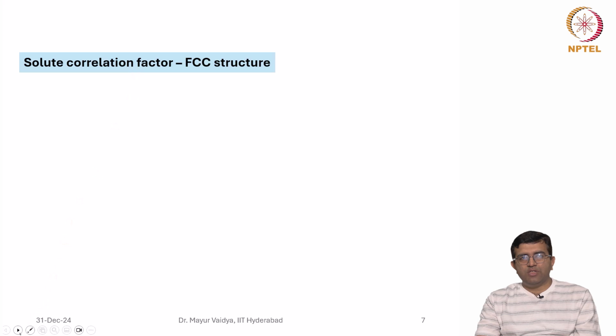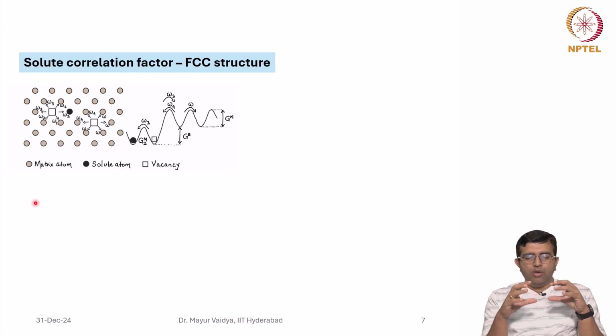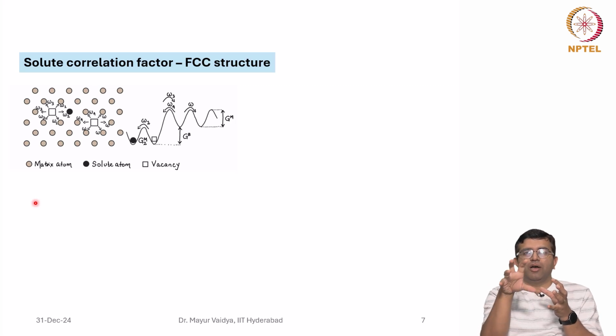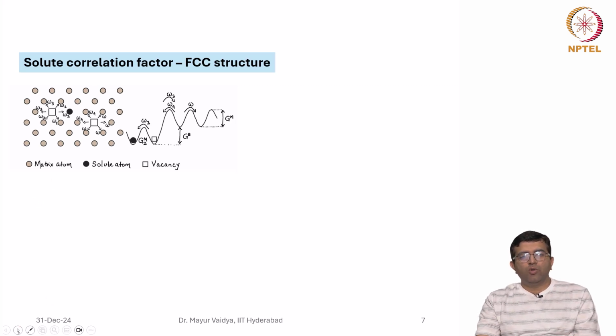In this lecture, we'll only talk about the solute correlation factor. Let's say for the FCC structure. Now, when you have a vacant site inside an alloy, let's say it's a solute vacancy, it has different interactions with the neighboring atoms, because not all the neighboring atoms will have similar interactions. You can see here, this is the FCC structure represented, one of the planes in 2 dimensions.